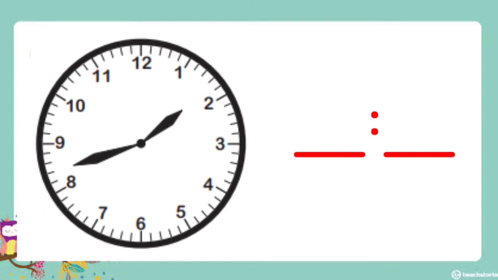Okay, how about this? Again, the first thing to do is look at where the hour hand is pointing. It is pointing somewhere between 1 and 2. And we have to use the earlier hour, which is 1. Now let us have the minute hand. Where is it pointing? Oops, it's not pointing directly at any number. It went past 8 by 2 lines. So what should we do?